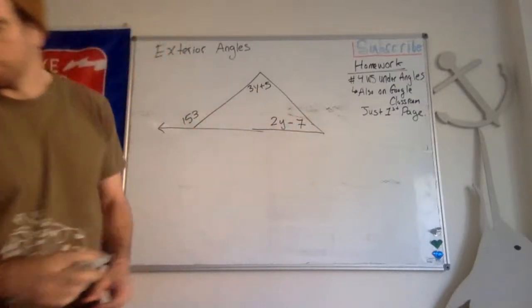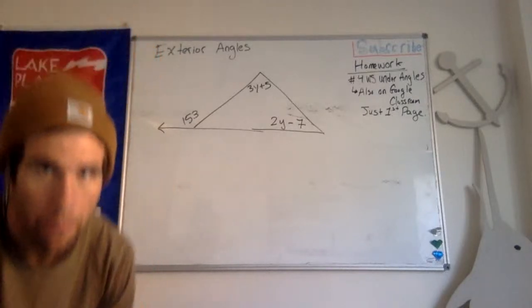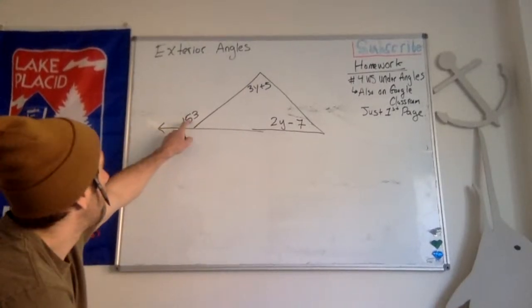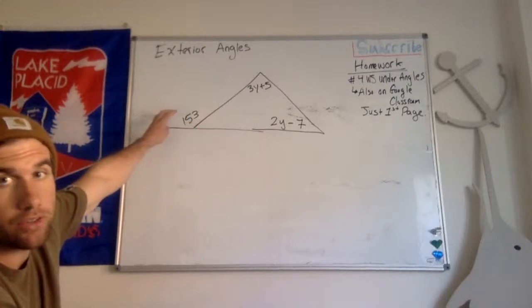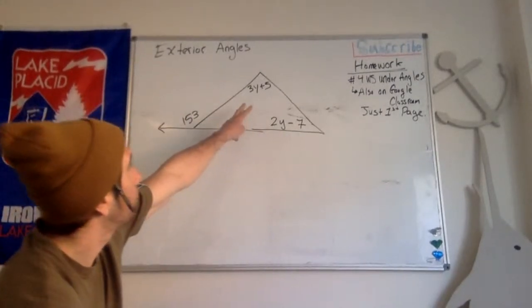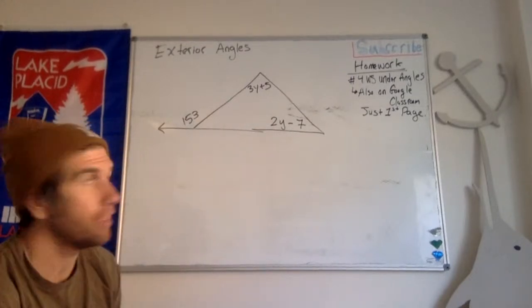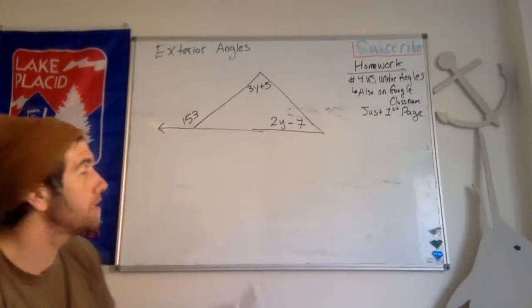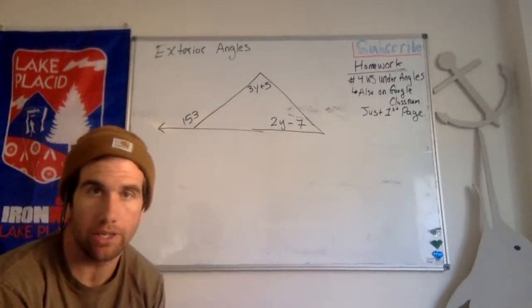Okay. So we have 153 degrees on this exterior angle because it's on the outside of the triangle. Then I have 3y plus 5 and 2y minus 7. Now we should all remember that these two angles are remote angles, and they're remote because they are not next to the exterior angle.